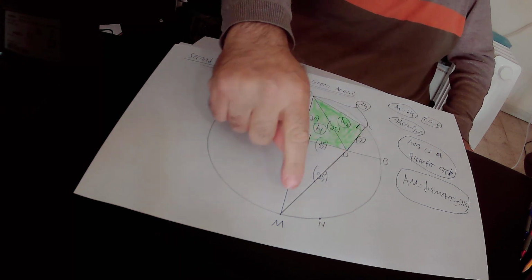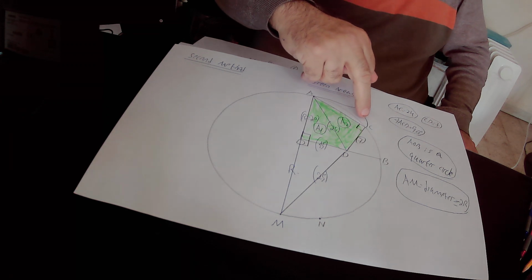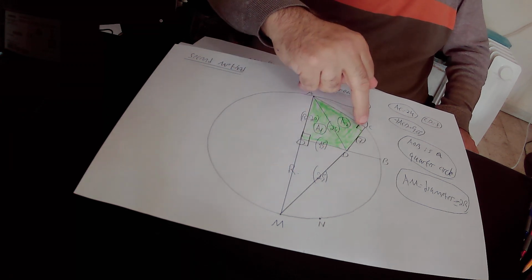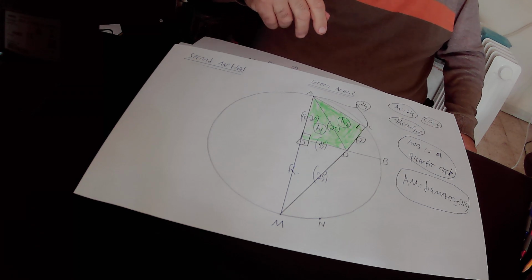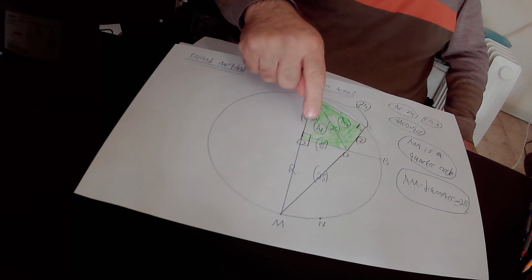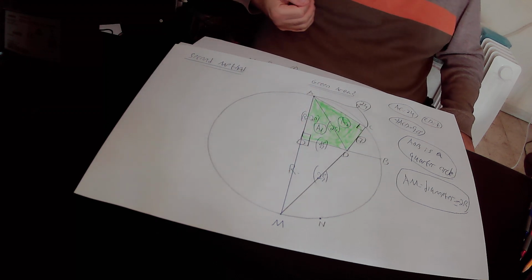So CDM is one straight line, because we extended side CD by a straight line, the result CM is a straight line. So this angle equals 90 degrees, AM is the diameter, it is absolutely a straight line.